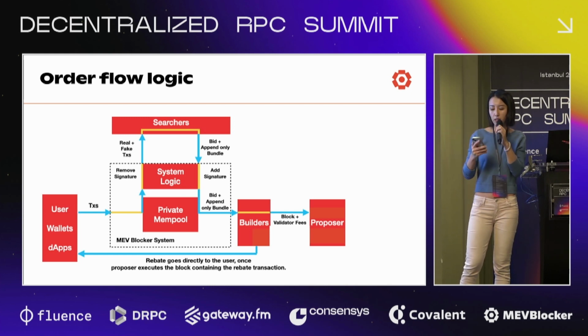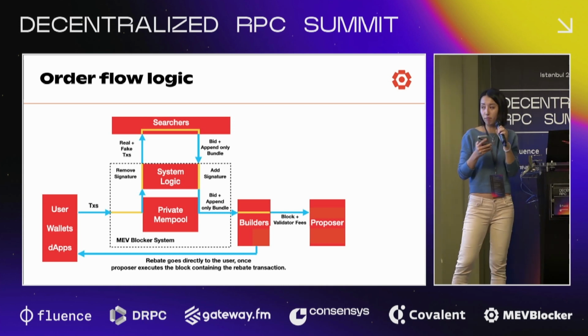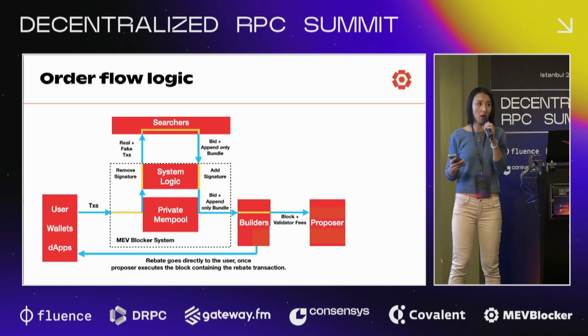Builders select which bundles to include in the block, and once it's included, 10% goes to the builder, proposer, and validator fees to quickly include it in the network. Then 90% goes as a rebate to the user or the project connected to MEV Blocker when the transaction in the block is executed.